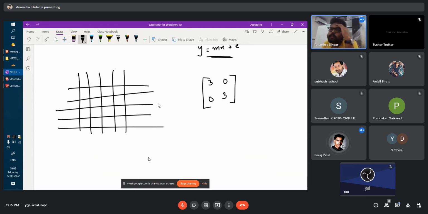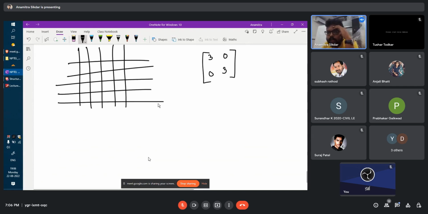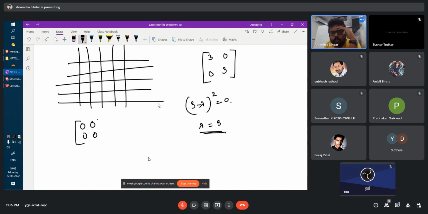If we calculate the eigenvector here, 3 minus lambda, 3 minus lambda, so this will be the determinant, and lambda will be equal to 3. So if you put this value here, all becomes 0, right?